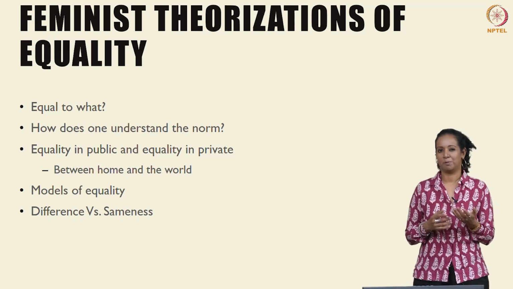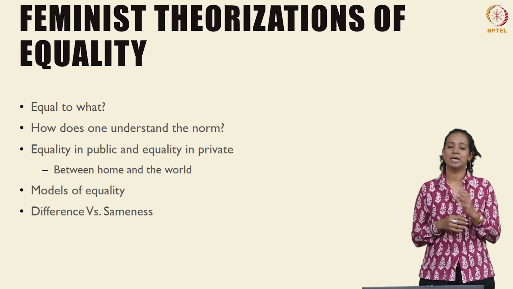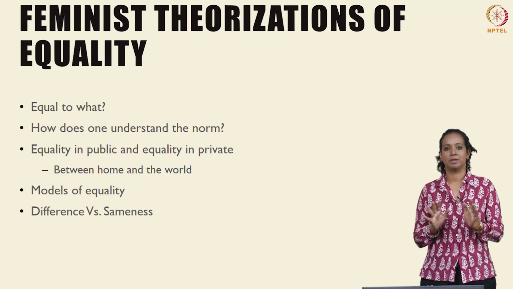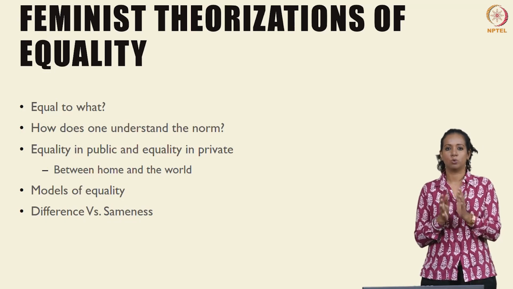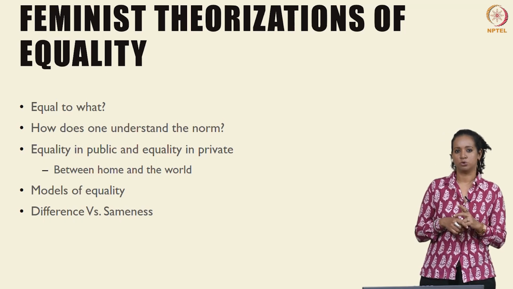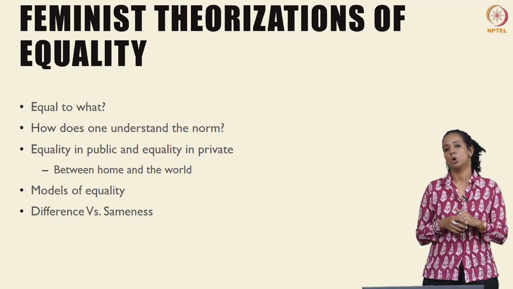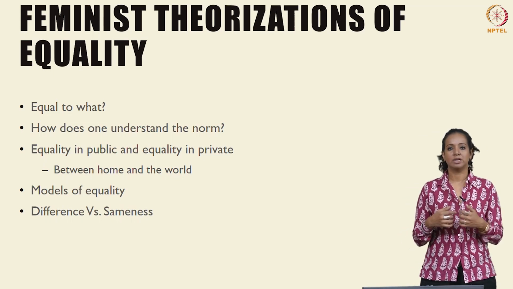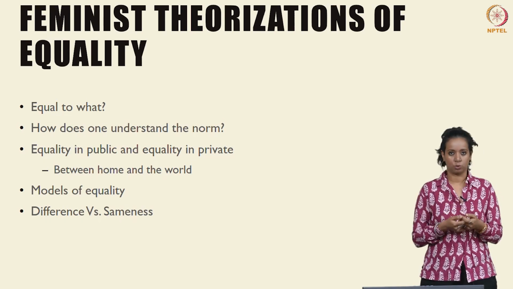And this might seem a perfectly banal question, but let's sit with it for just a second. When we say men and women are equal, what do we mean? Do we mean men and women are equal in capacity, in opportunities, in strength, in ability? What do we mean by equal? What are the parameters on the basis of which we understand such equality?